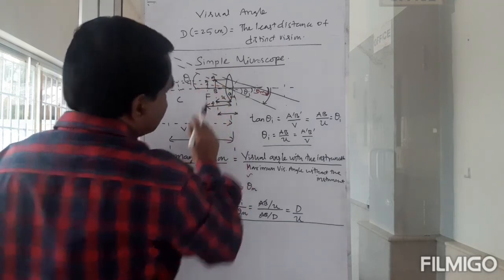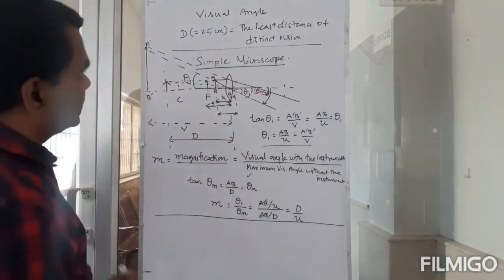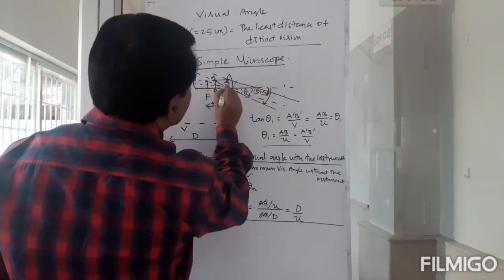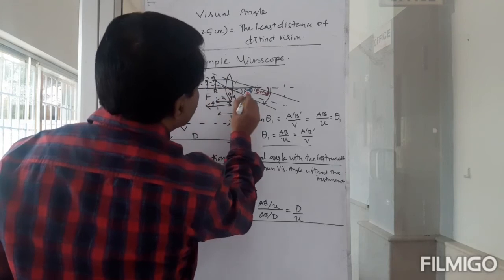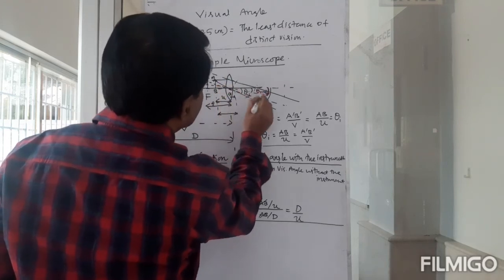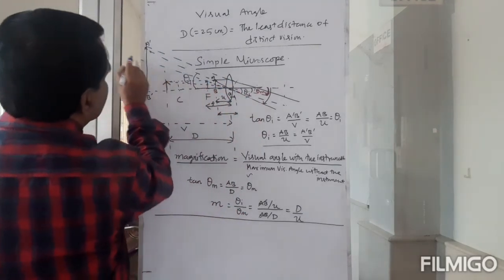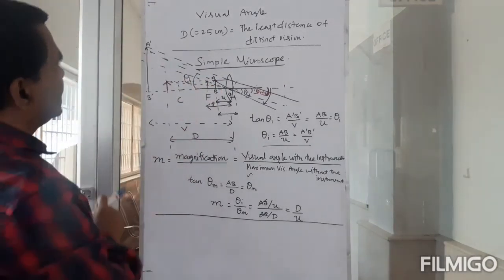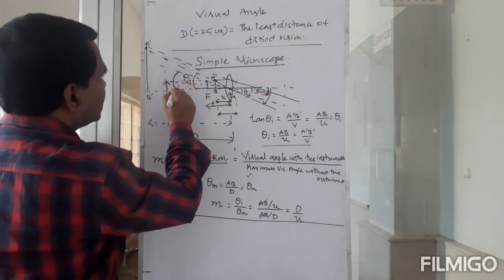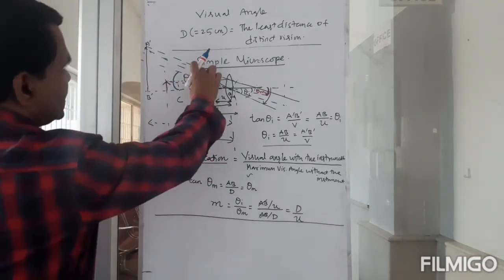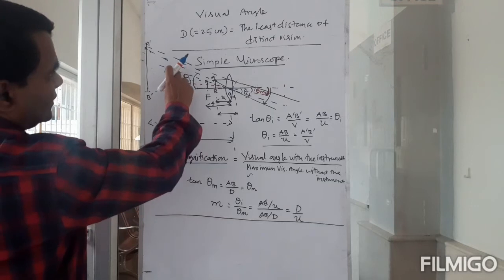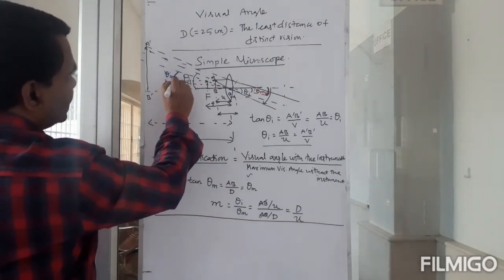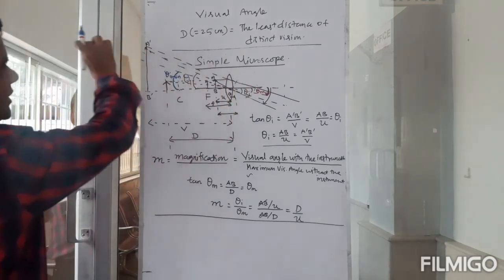Now you see, I'll draw another. This is going to go like this, and then that will be like this. Note that now you have a smaller theta I. So theta I is here, and this is my theta minimum. Theta I min is this, when the image is formed at infinity.